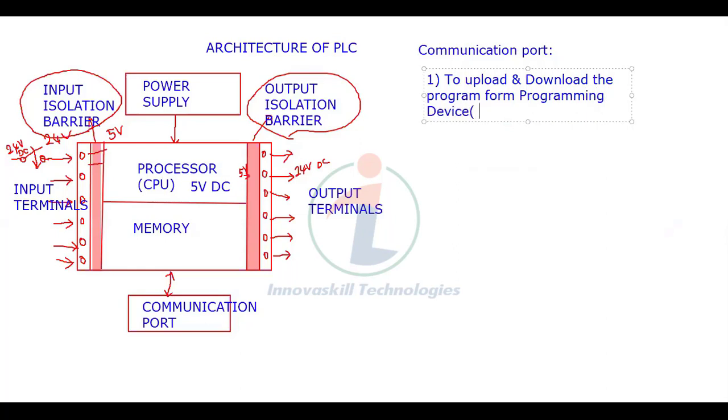Programming device is nothing but the PC we have or our laptop. So from that we are doing the program, generally for communicating that PC or laptop with the PLC, this communication port will be used.